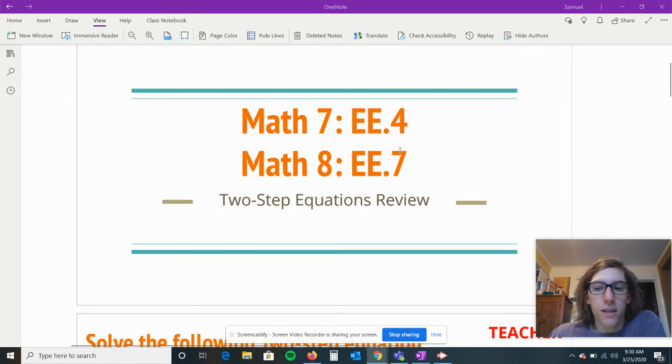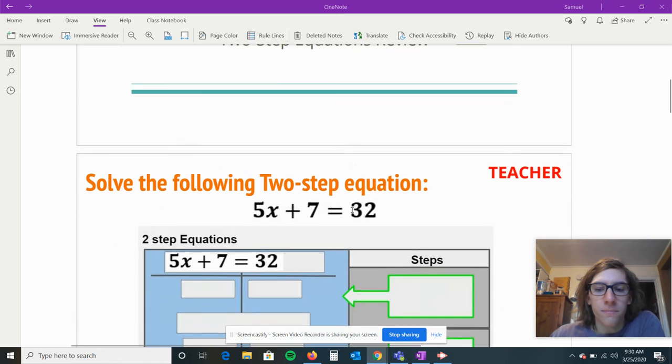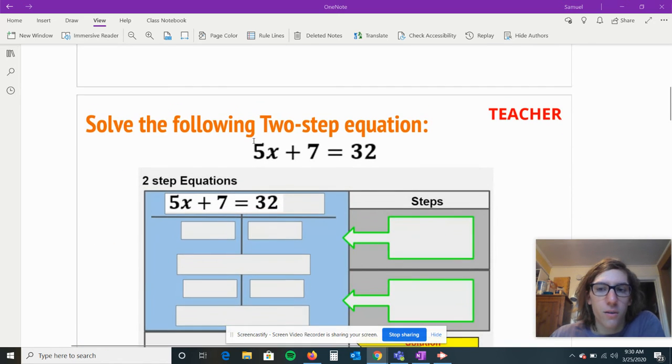So on our screen here, we've got Math 7, Math 8, two-step equations review. We're going to have 6 problems: we're going to do 3 together, and 3 you are going to do on your own. Again, if you haven't done this from the previous day, I want you to either follow along on the PowerPoint, and I'll see if I can upload it differently.